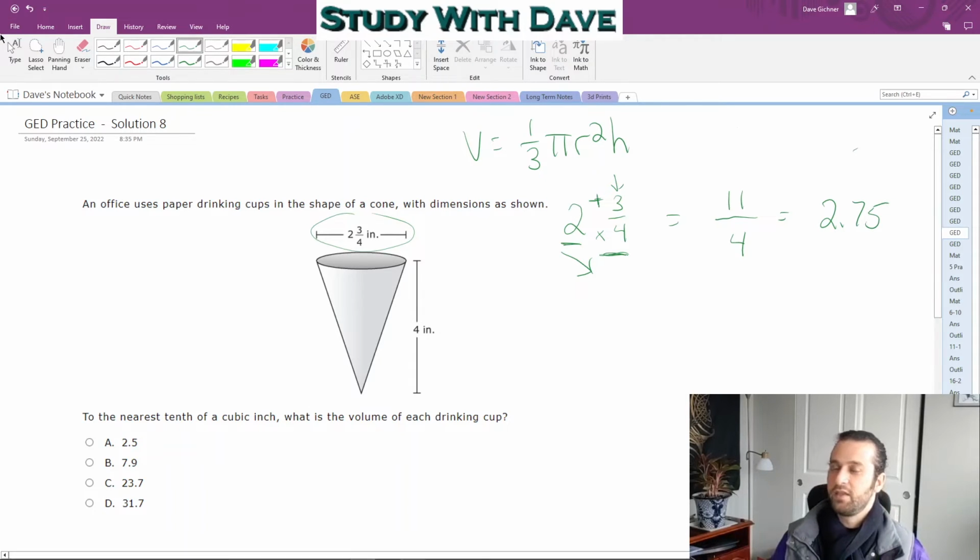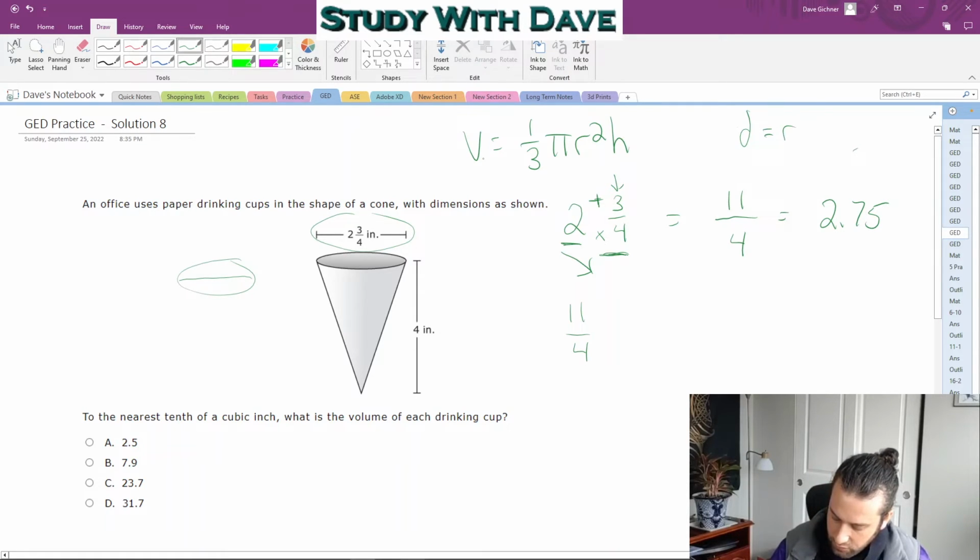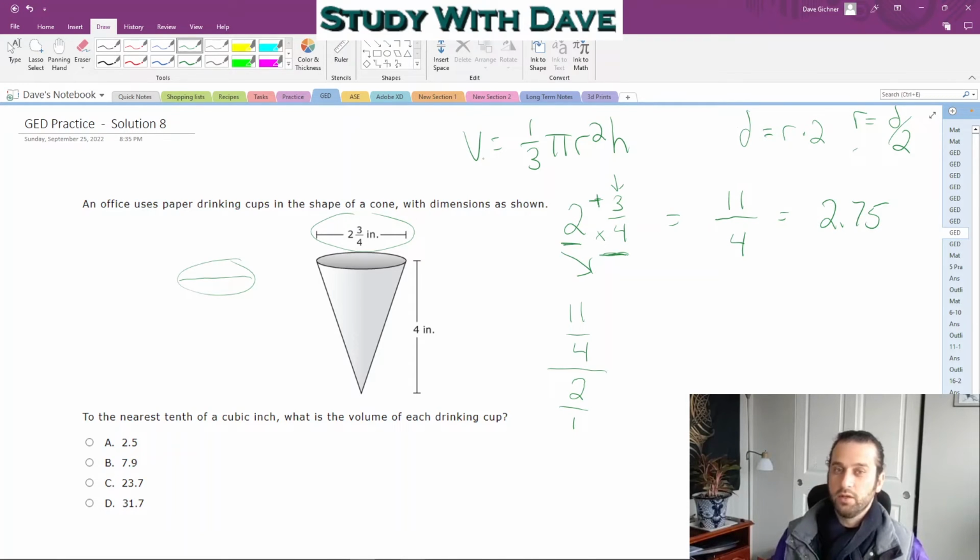It's all the same. Okay, so moving on, we know that this is the diameter of the circle here, the entire diameter of the circle. So let's go ahead and divide by 2. Because we remember D equals 2R, or R times 2, therefore R would have to be equal to diameter divided by 2. So we're going to take 11/4 and divide by 2, and 2 is equal to 2/1.